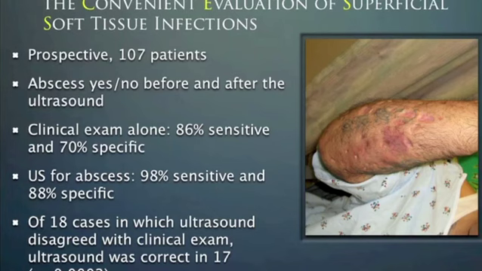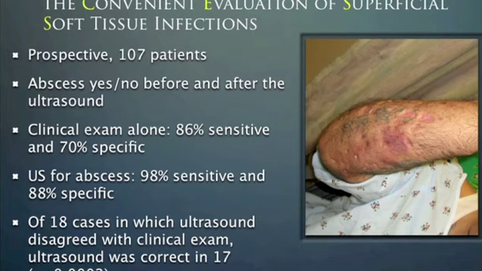When it comes to abscesses and differentiating them from cellulitis, there has been some work done on this process. One study titled Abscess, Applied Bedside Sonography for the Convenient Evaluation of Superficial Soft Tissue Infections, was prospective and enrolled 107 patients. They forced the clinicians to answer yes or no before and after the ultrasound of whether or not they thought there was an abscess there.